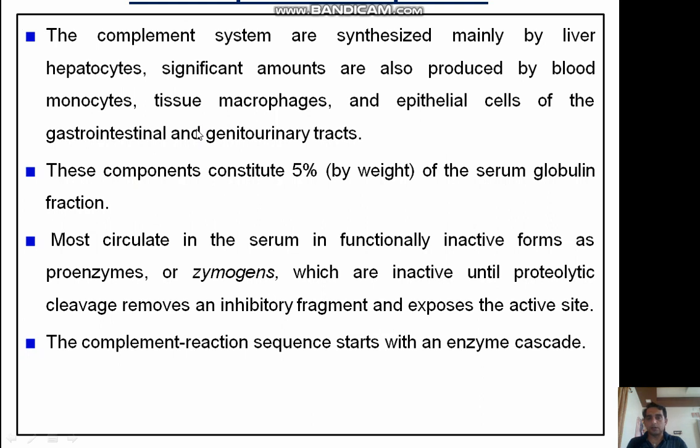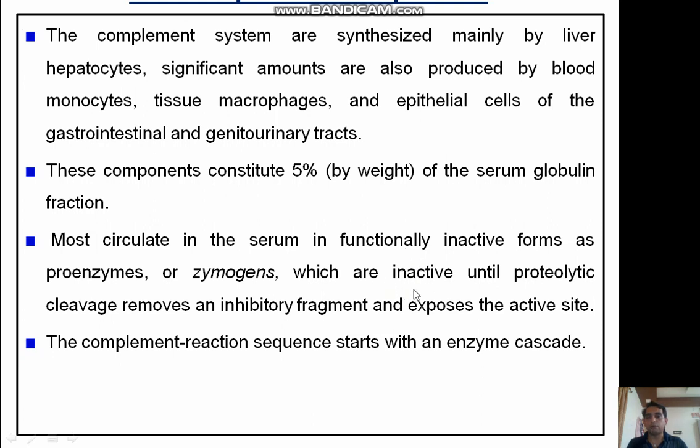The serum globulin fraction represents about 5% of the serum. Most of the complements circulate in the serum in a functionally inactive form, and this inactive form is considered a proenzyme. The complement is also believed to possess enzymatic reactions, so we can call them proenzymes or zymogens, which are generally inactive.